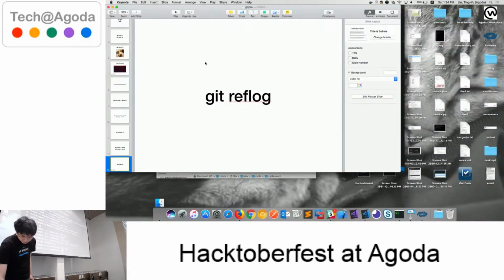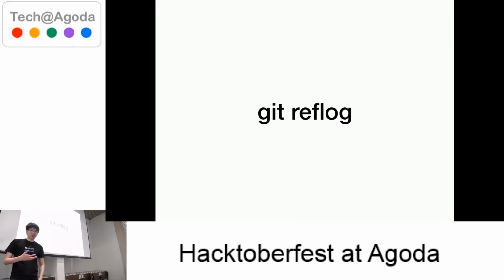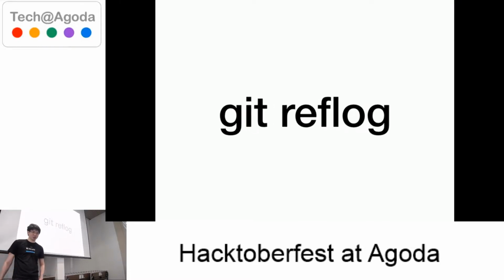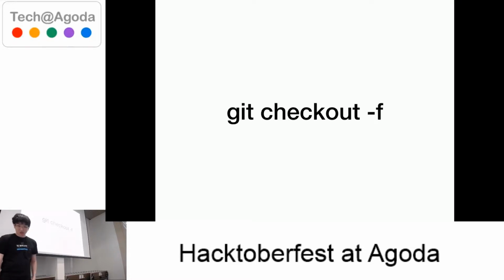I talked a lot, but if there's only one command that you want to remember today, I believe it's this one. It's very important. You want to use it. Git checkout -f. Sometimes you have some changes in your own branch, and you want to go back, and it tells you cannot do it because you have some unstaged changes.